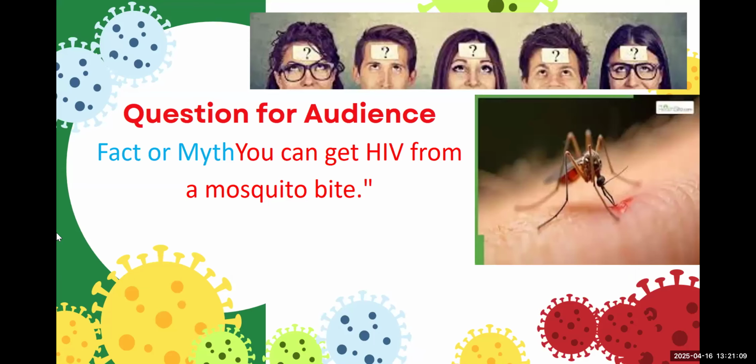When the mosquito bites, it injects only its own saliva, not the blood from a previous person into the next person, because HIV cannot survive or replicate inside a mosquito, and the virus stays just in the mosquito's stomach. So numerous studies and health organizations confirmed there is no evidence of HIV transmission by mosquito.